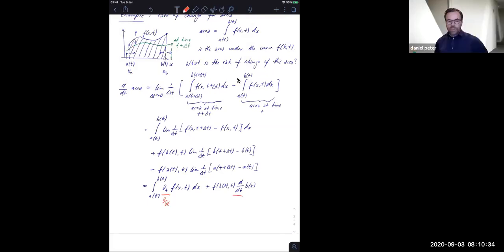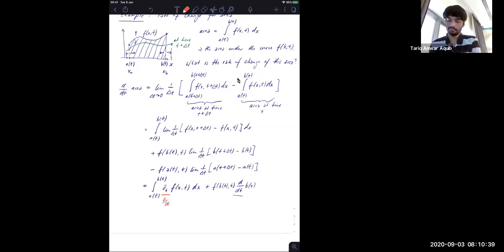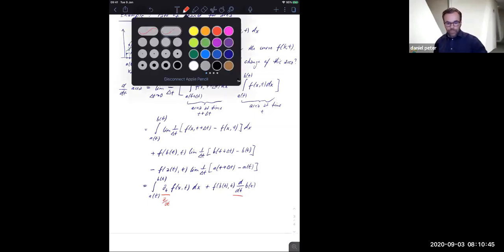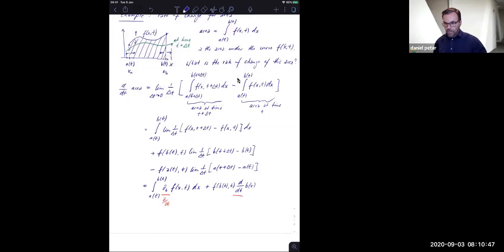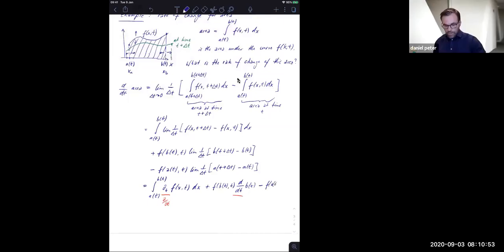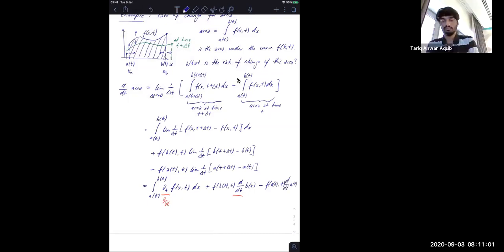In the first term, we have only a partial derivative. And the second is an ordinary derivative, basically. And then the third term, you see, it's going to be minus f of a d over dt of a of t. Good.